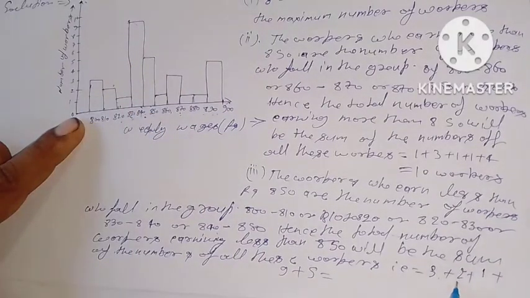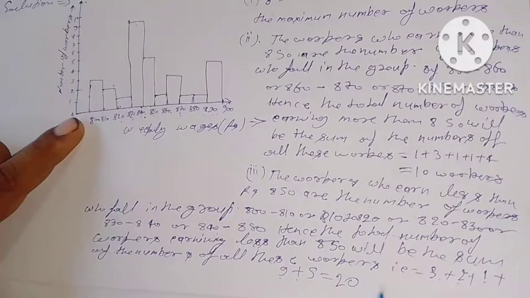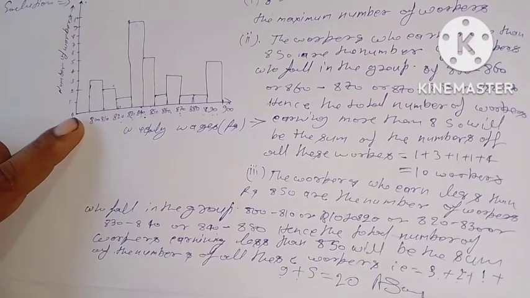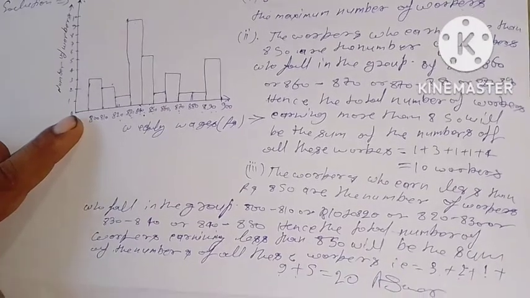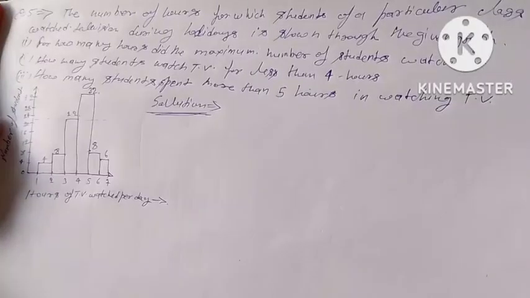So 3 plus 2 is 5, 6, 15, 20 workers. Answer.